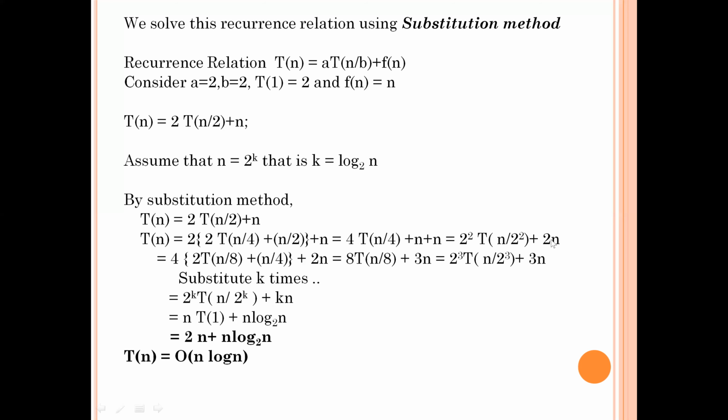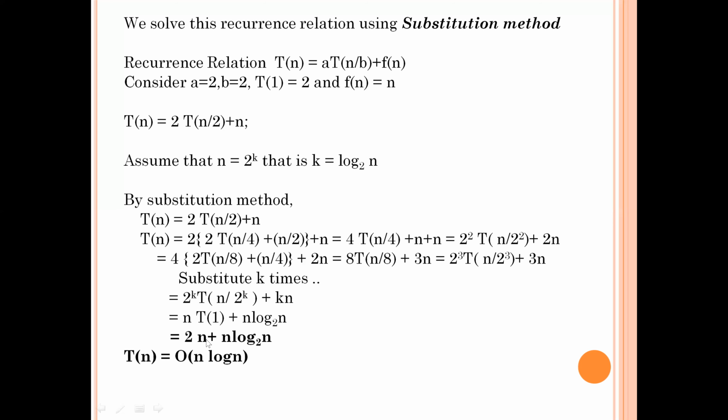Here, how many times did you get n? n plus 2n plus 3n plus so on plus kn. This n is as it is, and this k becomes log n base 2. For T of 1, we have considered 2, so T of 1 became 2.